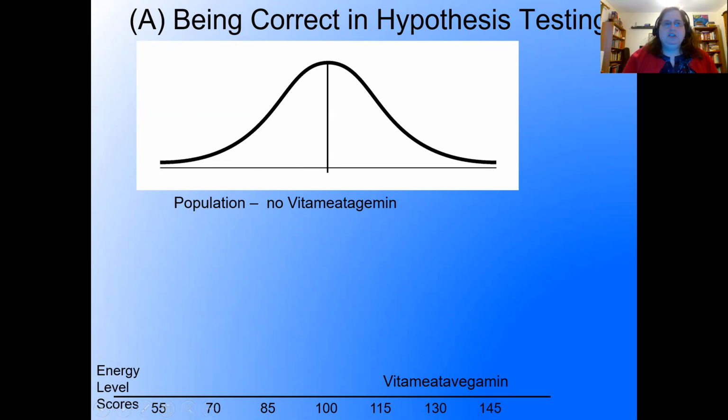Now we took a little sample, which I'll show you with a little blue trapezoid. We took a little sample of people and gave them vitamin, if you remember. This is our vitamin group. And we can look at its distribution. Now, it's not quite normal because it's only just a little sample, but if we look at the center of the distribution, the mean score for vitamin is, wow, it's really up here.